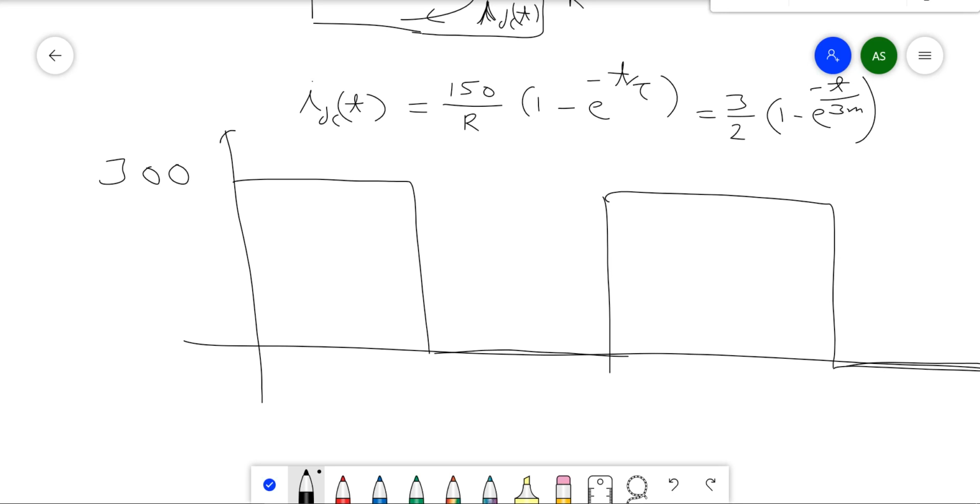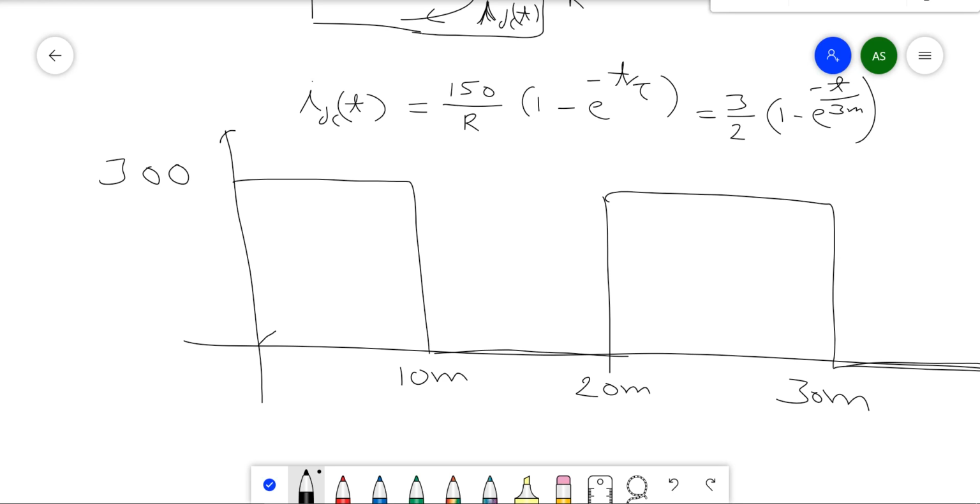Okay, so if you see, this is 10 millisecond here, this is 20 millisecond, this is 30 millisecond. Okay, because the supply frequency is 50 hertz. Okay, so in 4 time constant the DC current will reach its steady state.